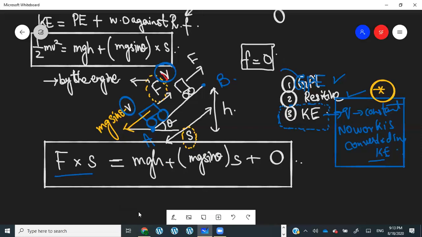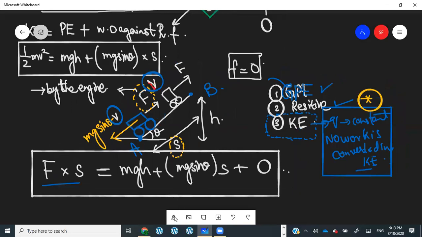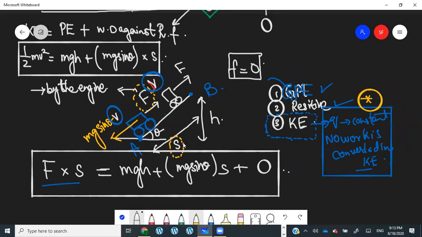Now there is a third case when the kinetic energy also increases. That is simple to identify. That is the case when the final velocity is greater than the initial velocity. Let's say the final velocity is 100 meters per second, and the initial velocity was 90 meters per second.